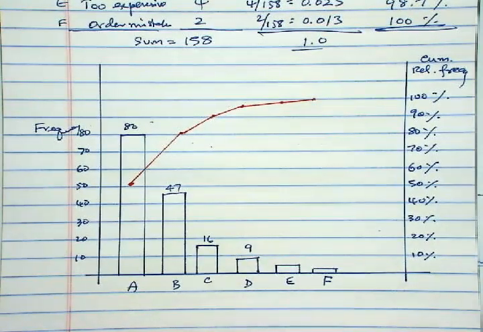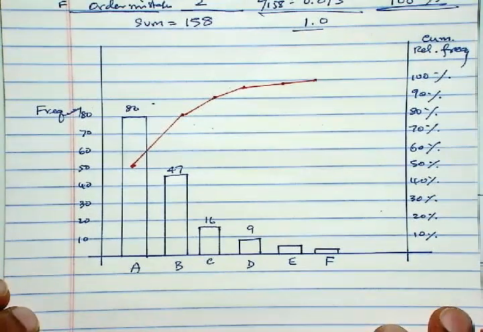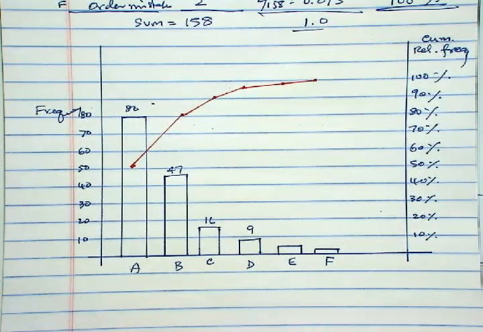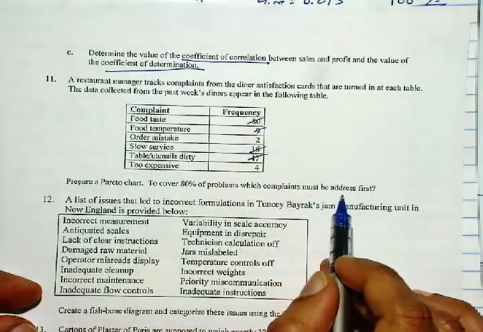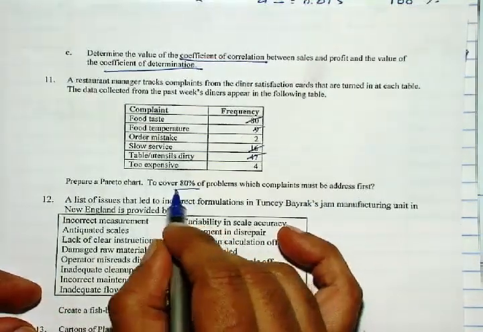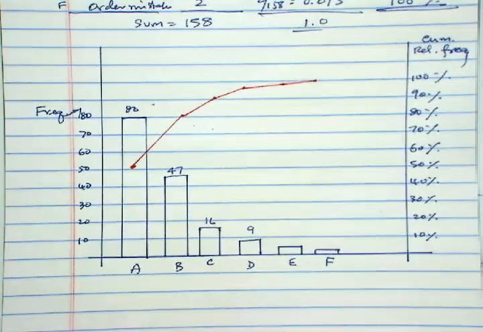So this is the Pareto diagram, and we want to find 80%. Okay, 80% of problems, so to cover 80%, that means at least 80%.